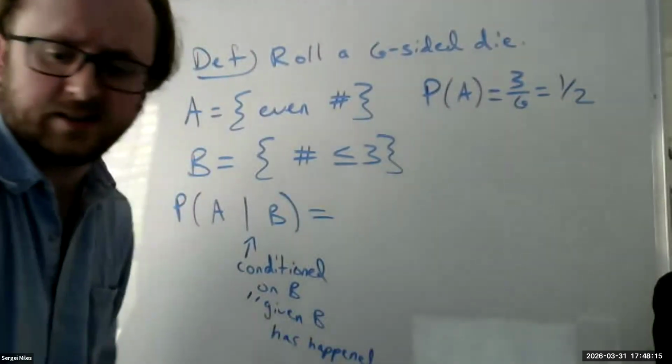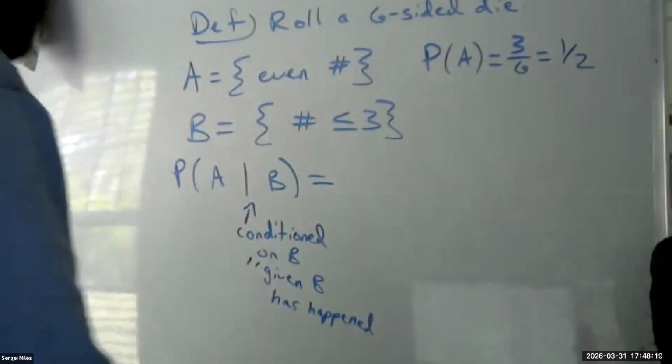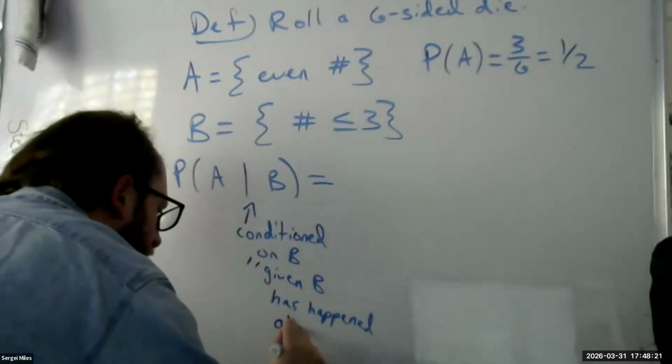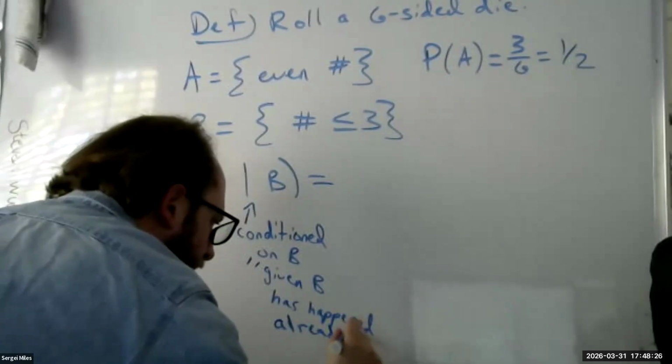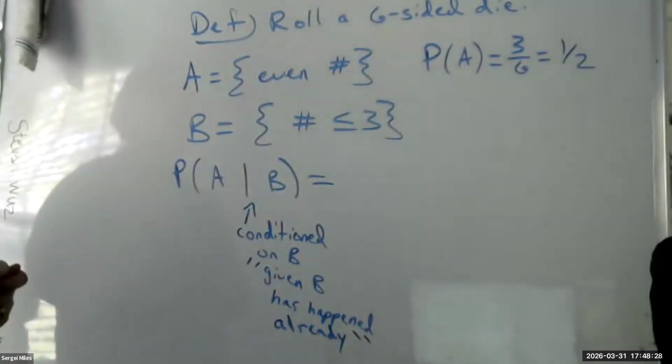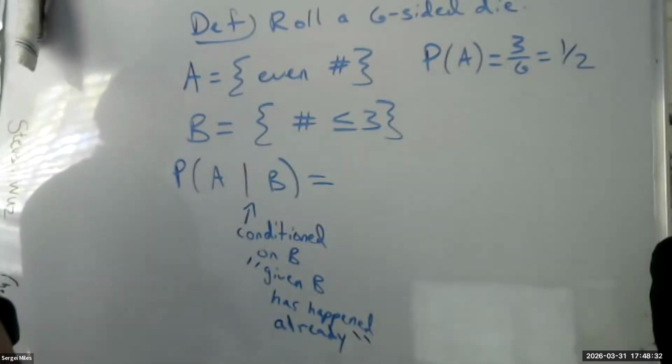Oh, I'm running out of space here. Let me move the camera down a little bit. Given that B has happened already. So conditioned on B, or you could think of this as given B has already happened.